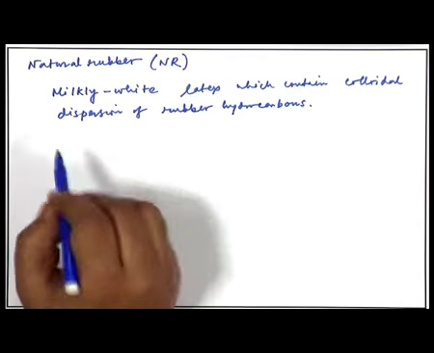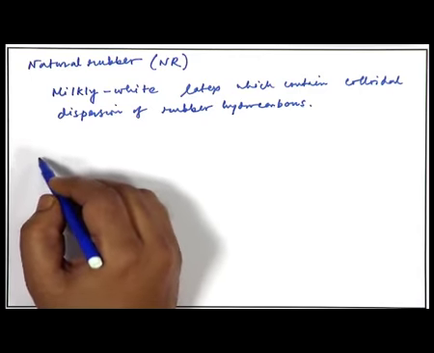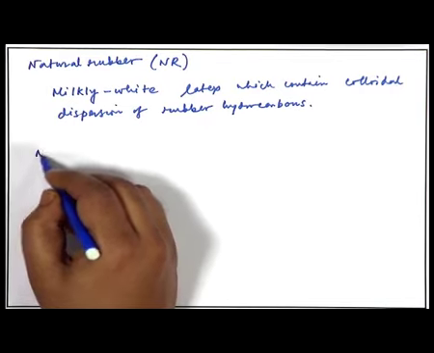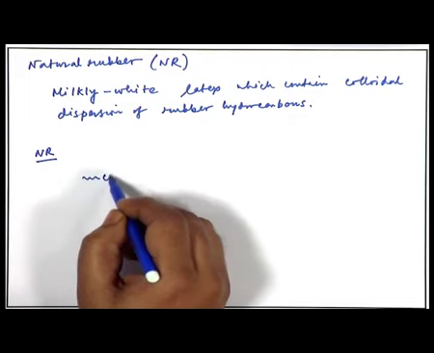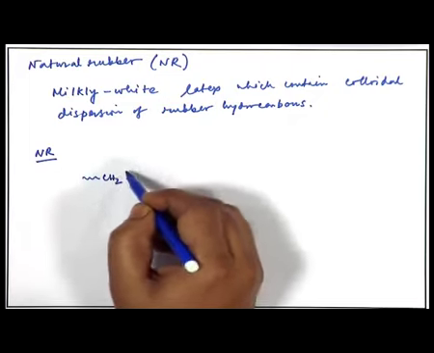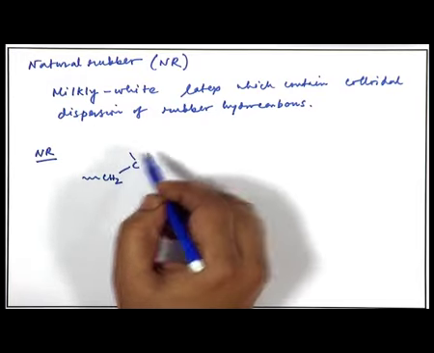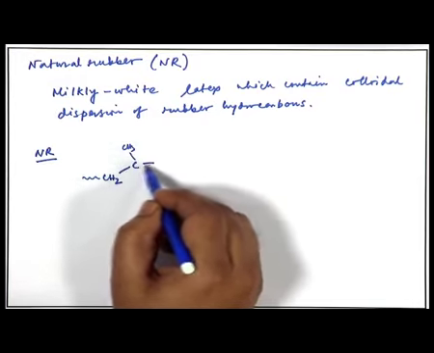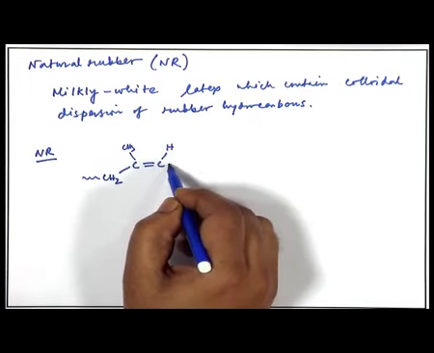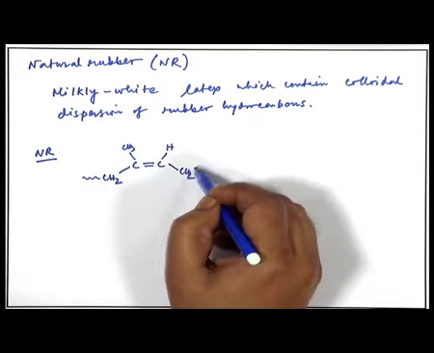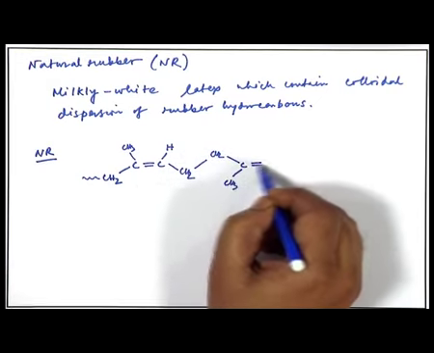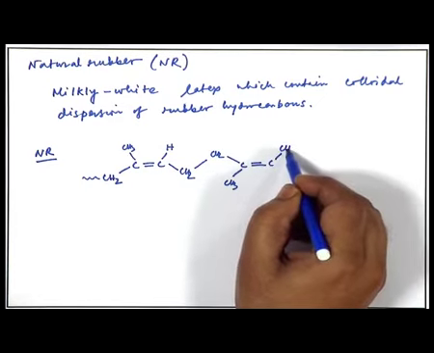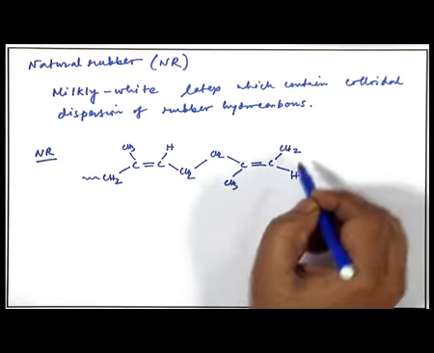It is basically useful, and if you look at the structure of natural rubber, its chemical structure is like this. This is a natural polymer.